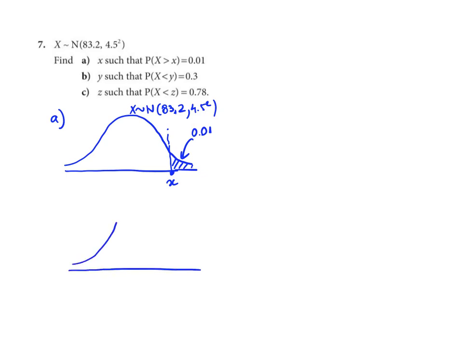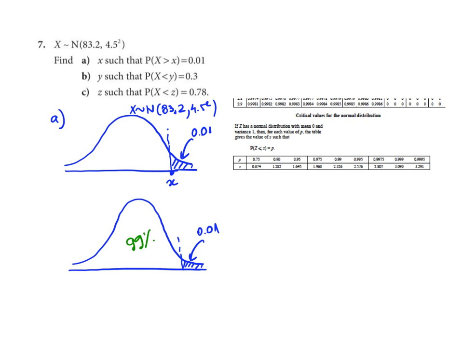I need to bring this onto the standard normal distribution. So I'm looking for what's the equivalent of x on this one by looking at the top 1% area. Therefore, I need 99% here. If you remember, I showed you earlier this part of your formula booklet, which is very useful and gives you the answer faster. So I'm looking for an area of 99% to the left.